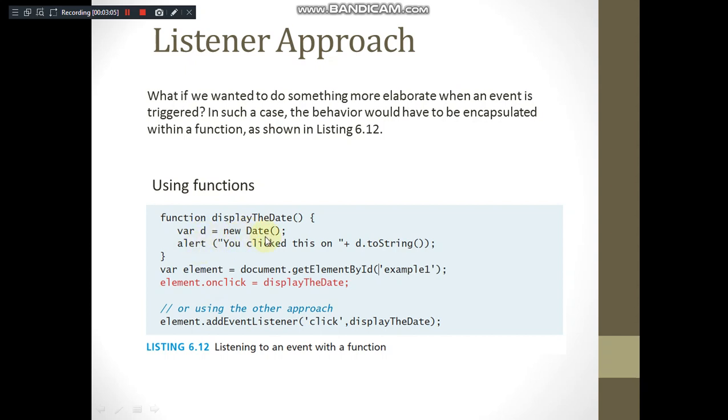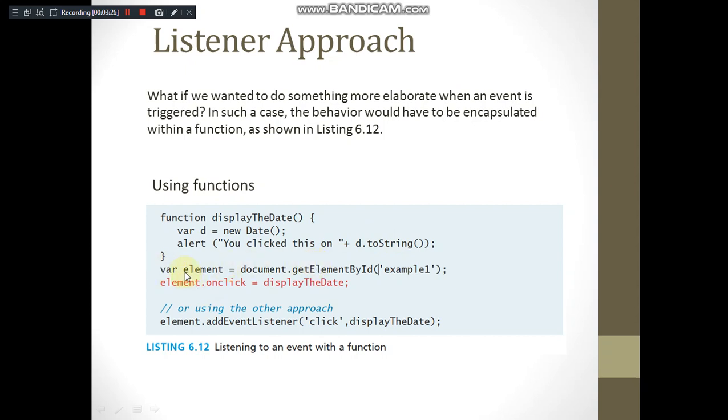So in the alert, you are displaying "You clicked on" d.toString. You know that alert should have a string kind of parameter, so you are converting this date to string format, and then displaying it when you have clicked that particular button or anything.